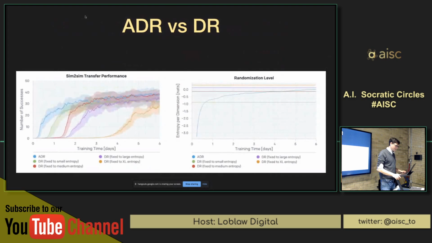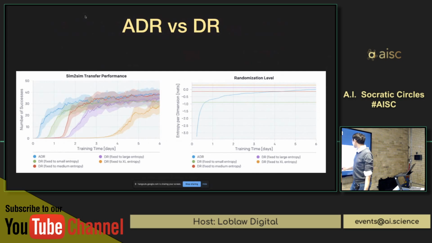They have different schedules, say you have domain randomization and ADR. Domain randomization has a fixed level of noise. Depending on how much noise you have, the bigger the number, the more entropy and noise. See here, the XL fixed really prevents the training from doing well because it's too noisy at the beginning.